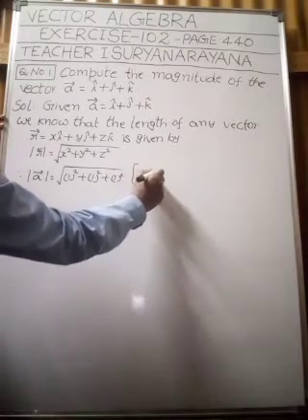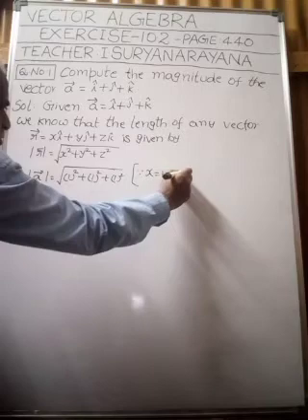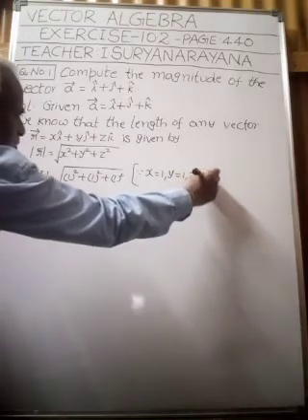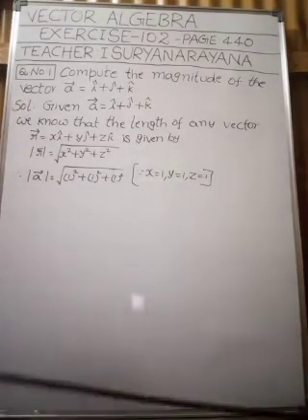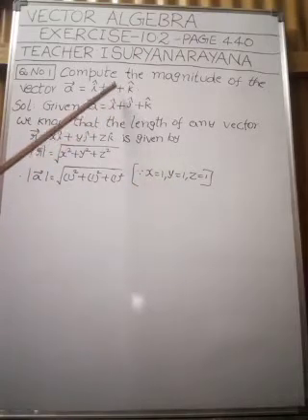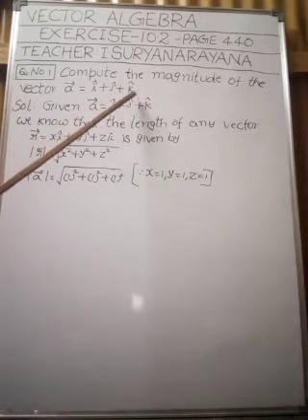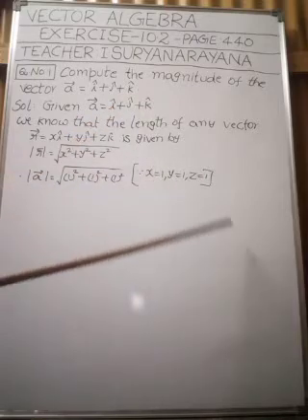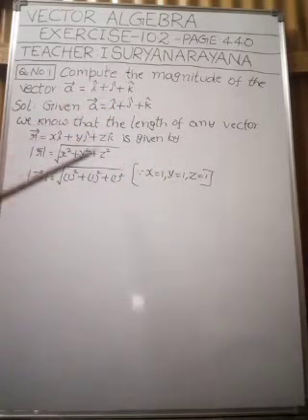Because here x is equal to 1, y is equal to 1 and z is equal to 1. It means x, y, z are the coefficients of i cap, j cap and k cap respectively. Okay, my children, understood this step?